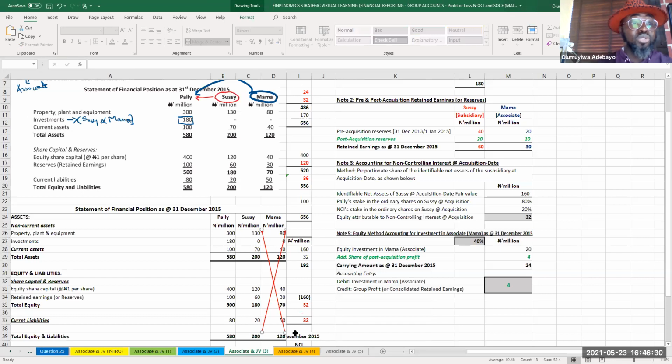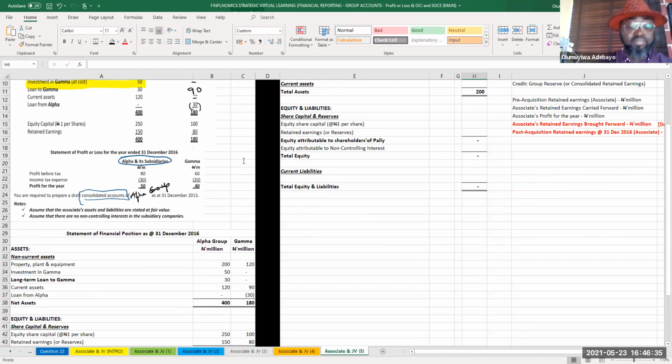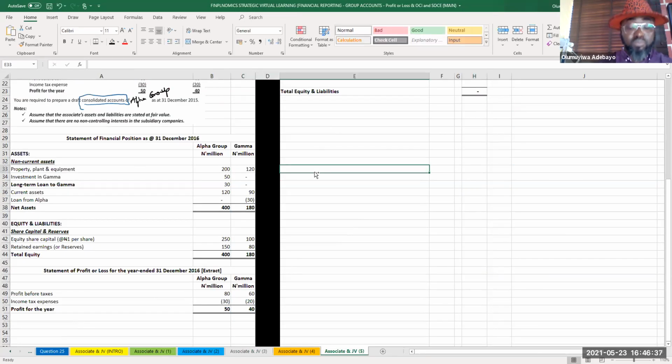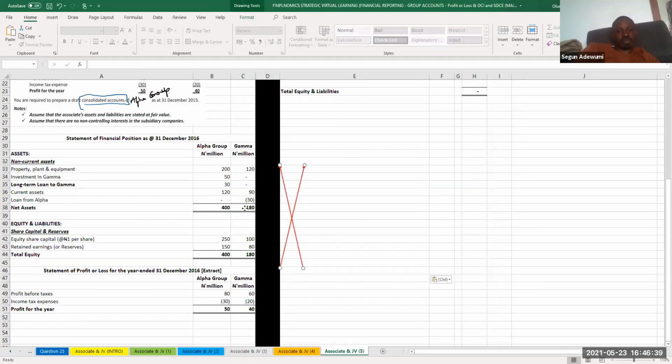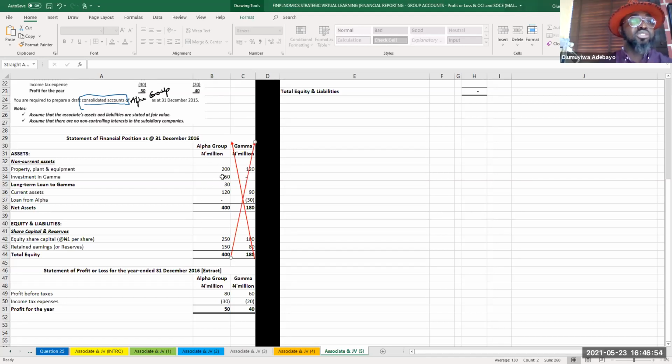Let me borrow these two arrows and insert it on Gamma. That means what you consolidated before is what you need.